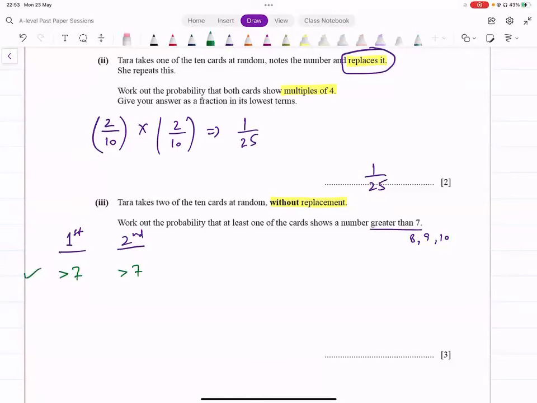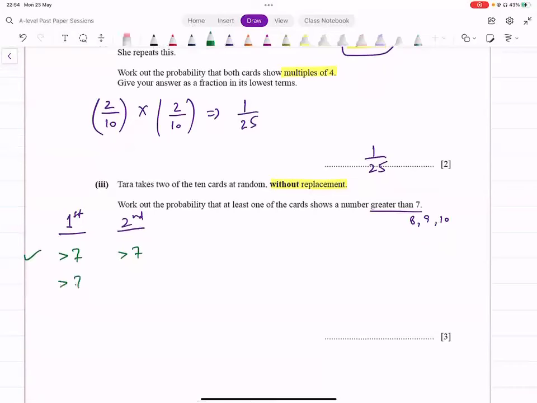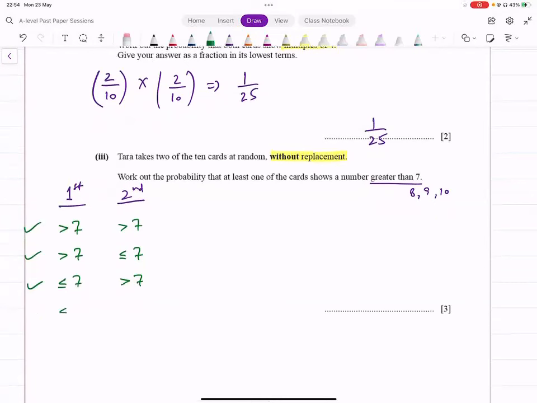This satisfies our condition. ठीक है? अच्छा, एक और केस क्या हो सकता है? First greater than 7 है, second less than or equal to 7 है. This also satisfies the condition क्योंकि अभी भी एक तो 7 से बड़ा है. एक और केस क्या हो सकता है? First less than or equal to 7 है, second greater than 7 है. That's the third case. That also satisfies our condition. And the fourth case is that both of them are less than or equal to 7. ये आपकी कंडीशन को satisfy नहीं करता. ये आपके पास 4 possible cases हैं.